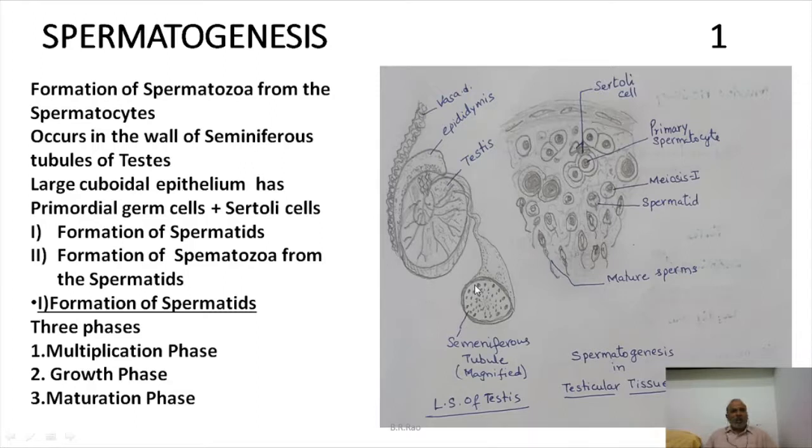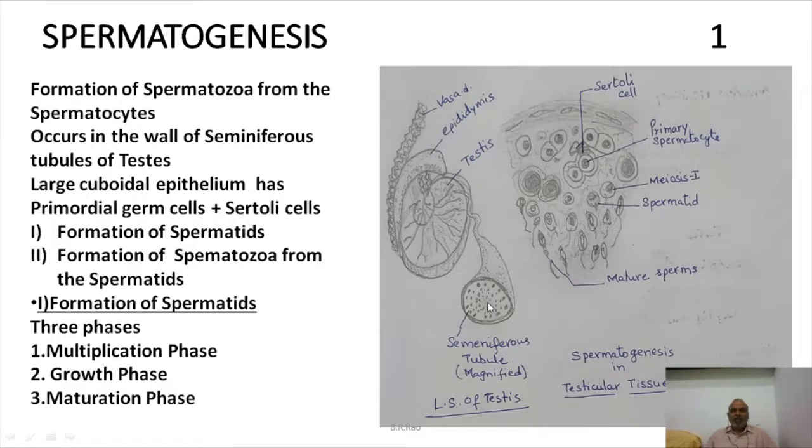Along with this germinal epithelium, there are some special cells called Sertoli cells present. And outside the seminiferous tubules, in between the tubules, there are certain other cells called Leydig cells, or interstitial cells.